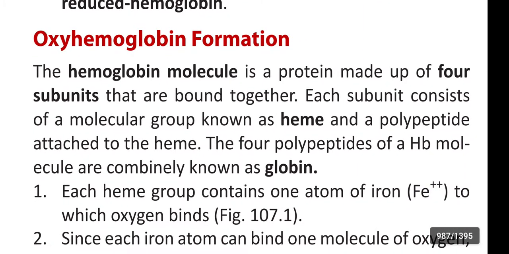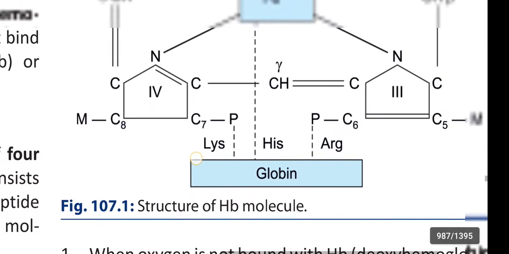The hemoglobin molecule is a protein made up of 4 subunits that are bound together. First see the figure, guys.